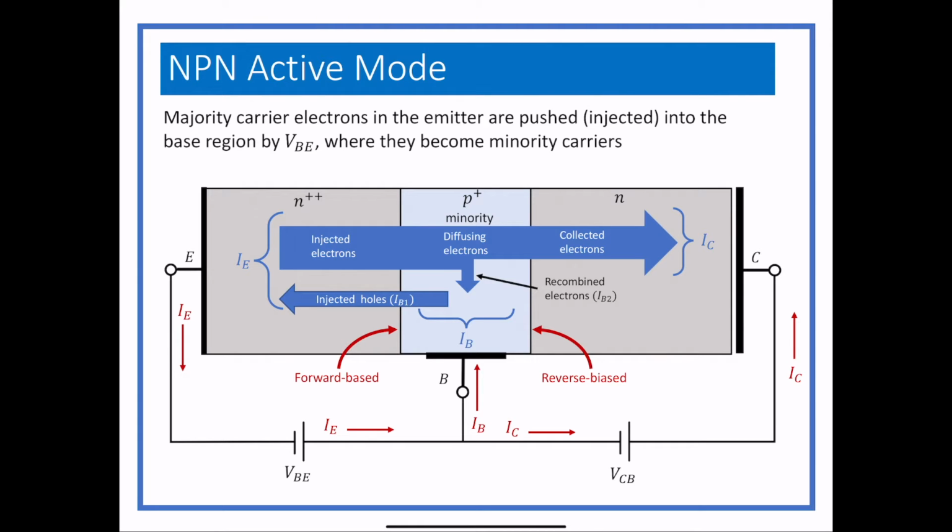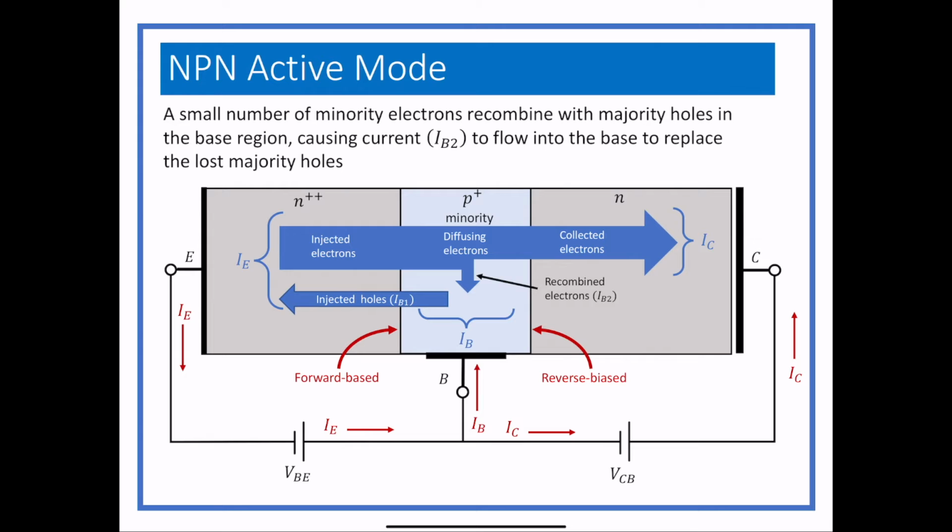And some of those electrons that have now gotten into the P region combine with the holes, because there's tons of holes and just a few electrons.